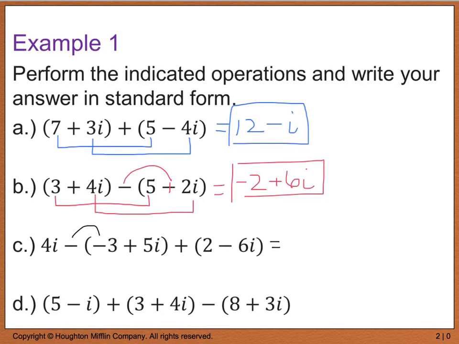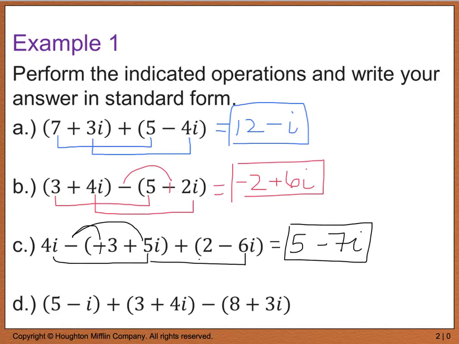This is going to give me a positive 3 plus 2, or 5. Then for my imaginary pieces, I have 4 minus 5i, because I'm going to distribute that. So 4 minus 5i gives me a negative i, plus a negative 6i gives me a negative 7i.